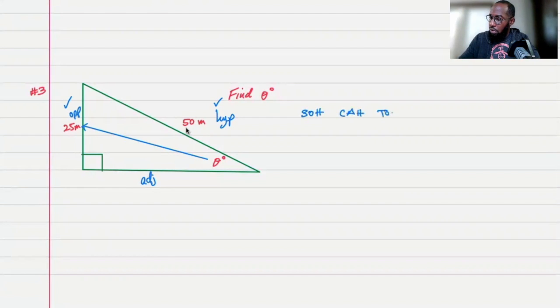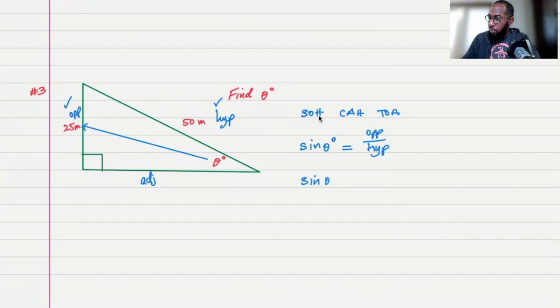We have SOH CAH TOA. Remember, this helps you remember your trig ratios, and it reduces you making a mistake. So we're looking for the trig ratio with H and O in it. So O and H is here. So we say sine of the acute angle is equal to opposite over hypotenuse.